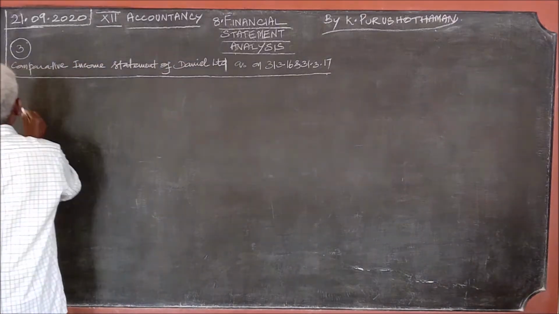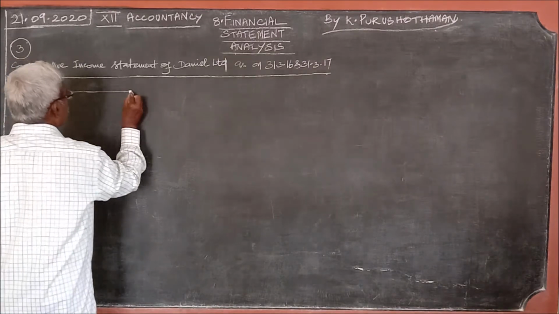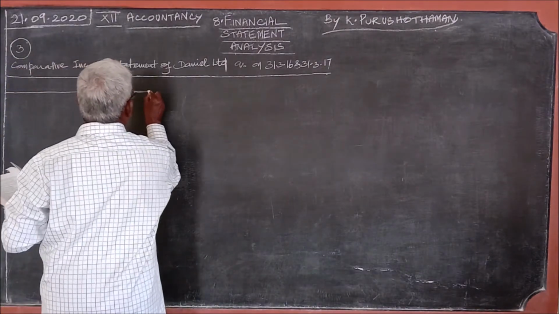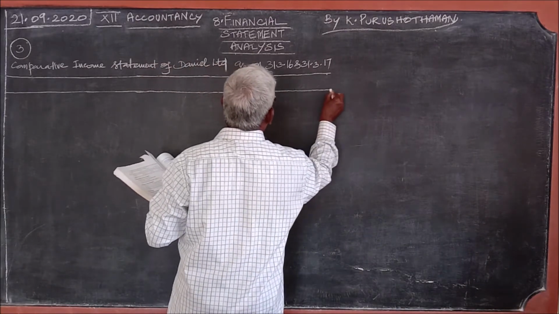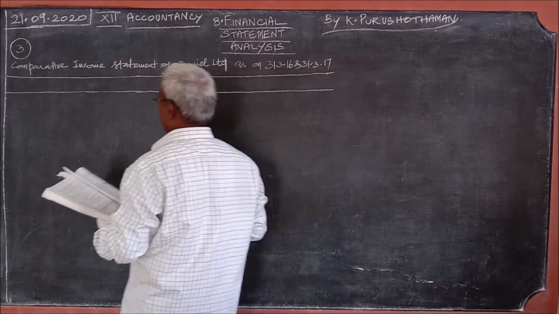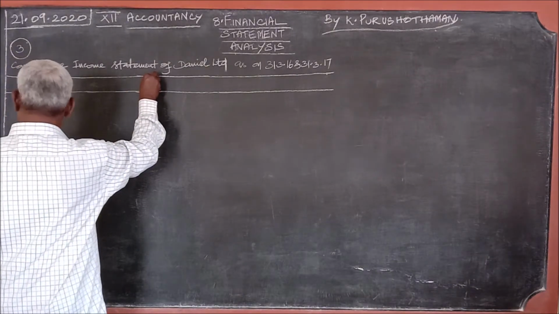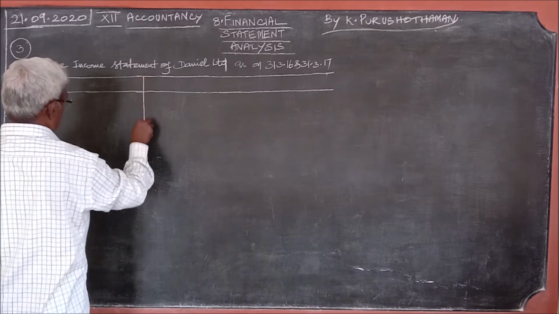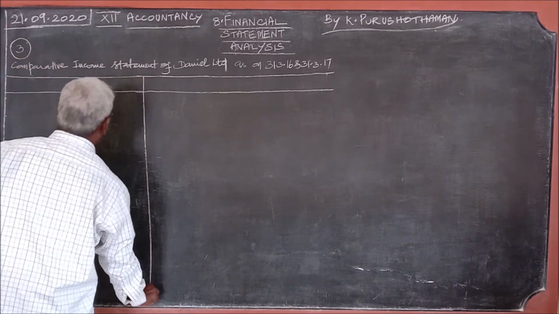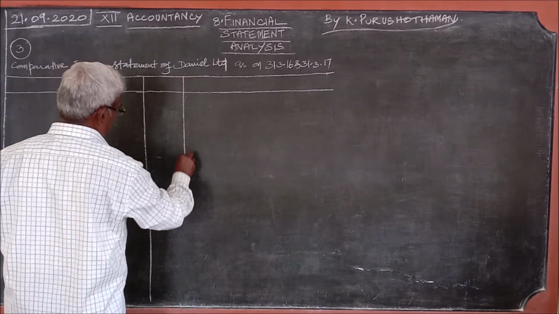As usual, we should draw 5 columns, 3 from the problem and 2 extra columns. The first one, particulars. Second one, for the first year.